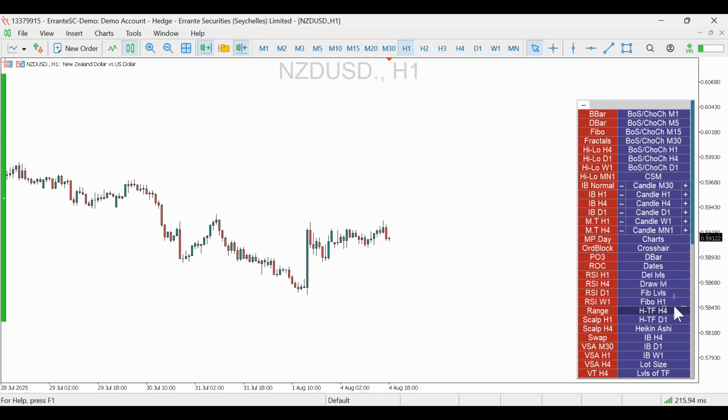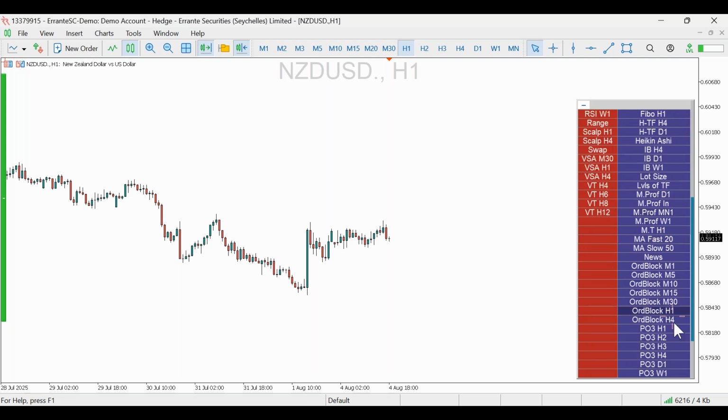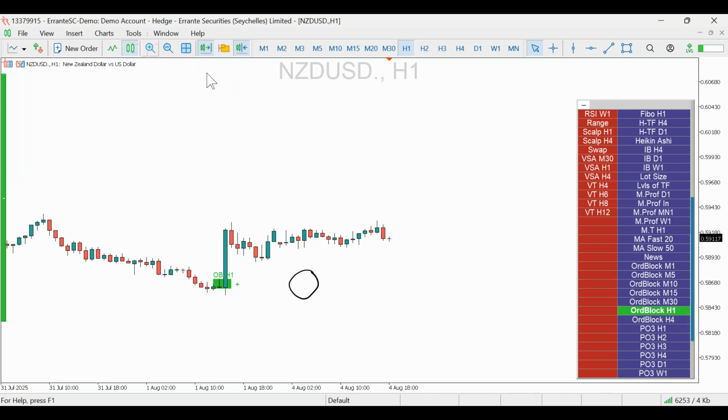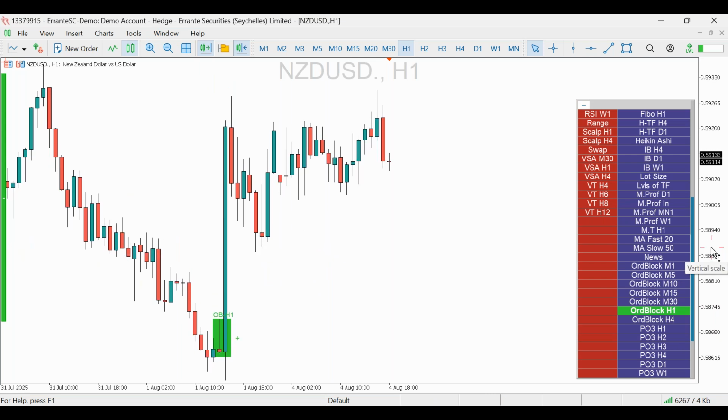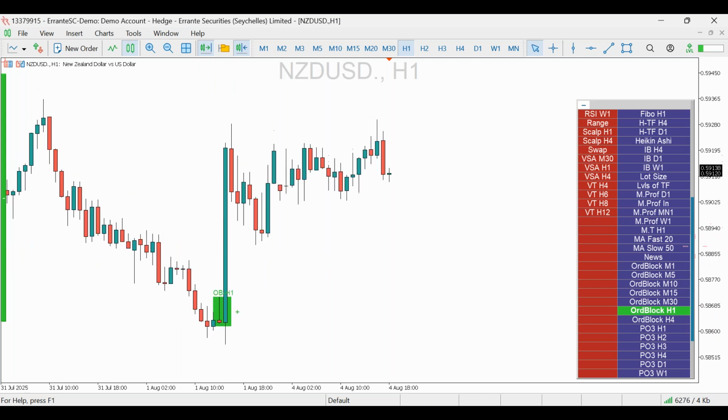Now I'll click the order block of H1, and this over here is a bullish order block. Let me zoom in so I can show you easily. Yes, see this order block over here.